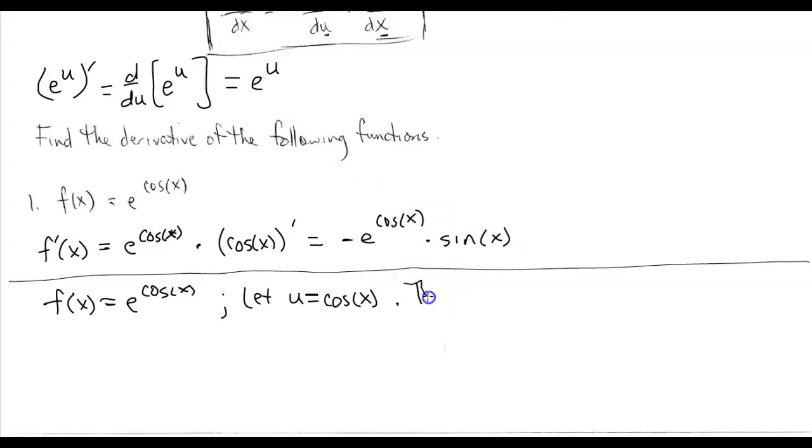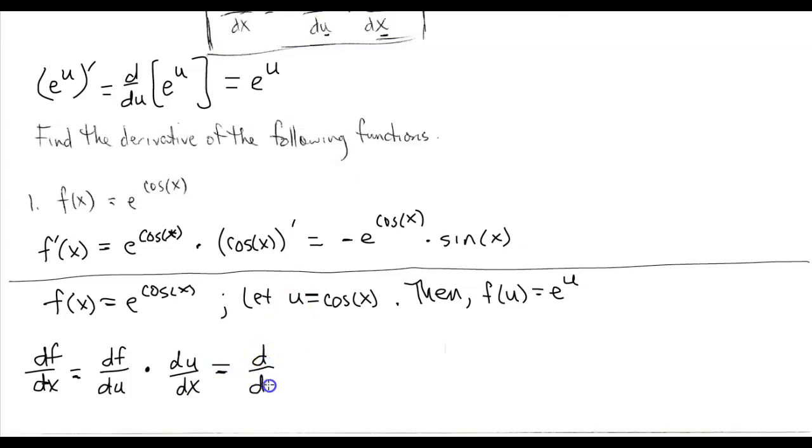So if that's the case, then we know that f of u is going to be e raised to the u. So now we can think of the function f in terms of u in this case. And so now the derivative of f with respect to x will be the derivative of f with respect to u times the derivative of u with respect to x.